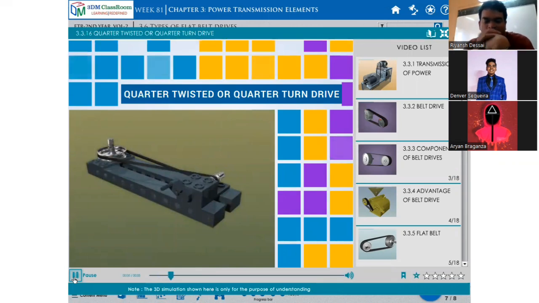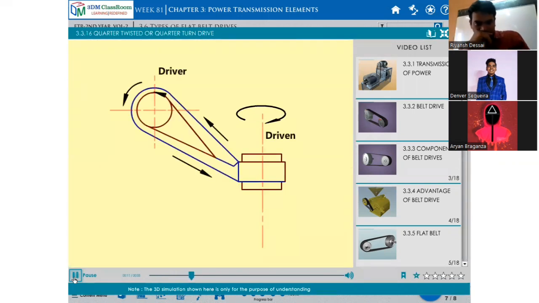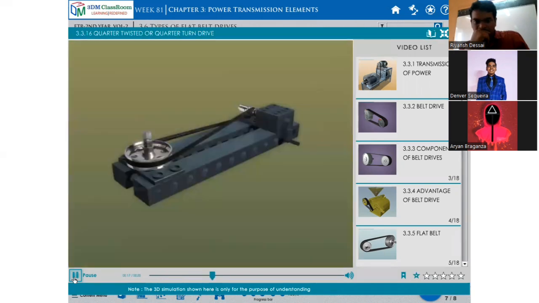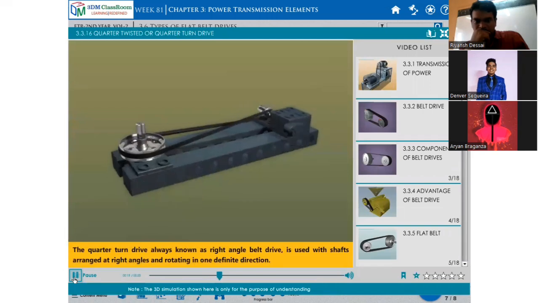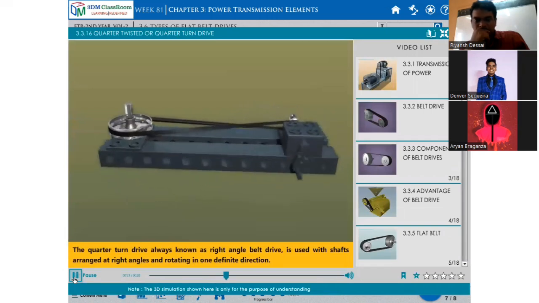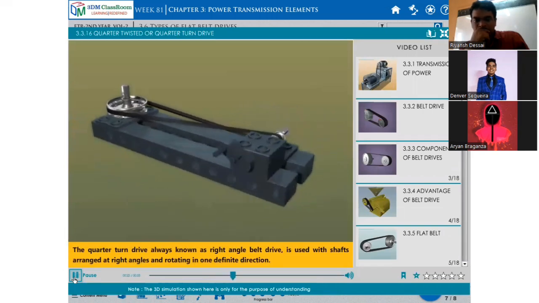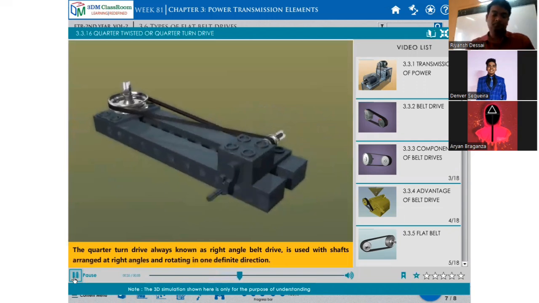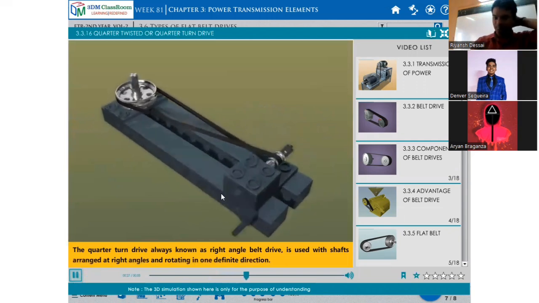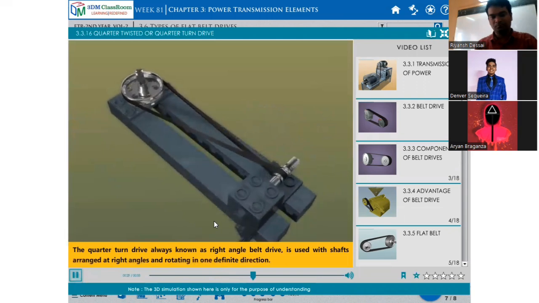In this video, we will discuss the quarter turn belt drive and its application. The quarter turn drive, also known as right angle belt drive, is used with shafts arranged at right angles and rotating in one definite direction.